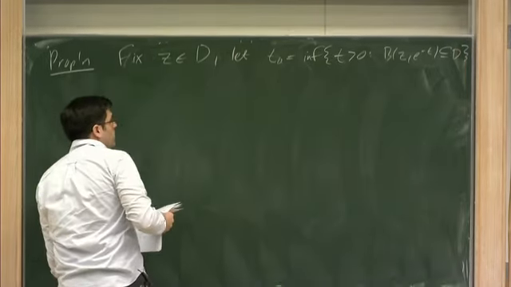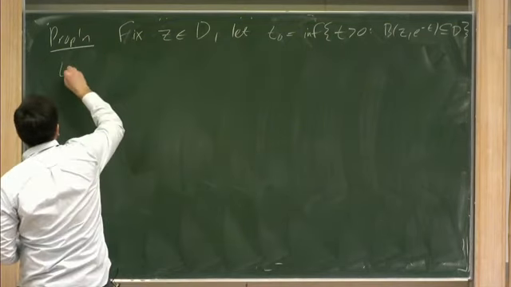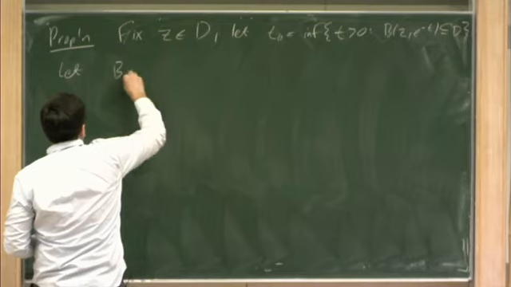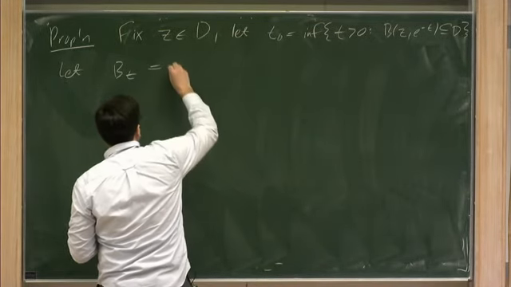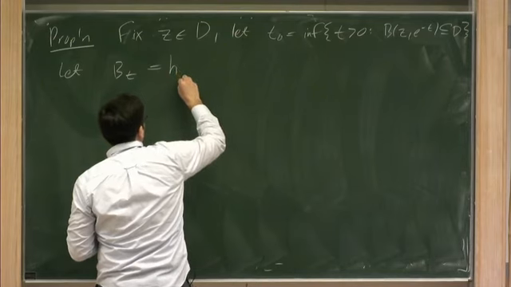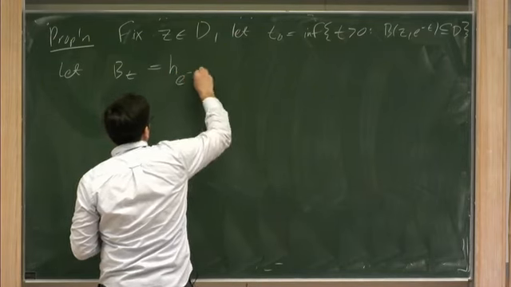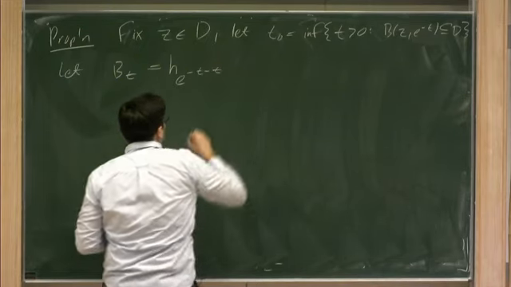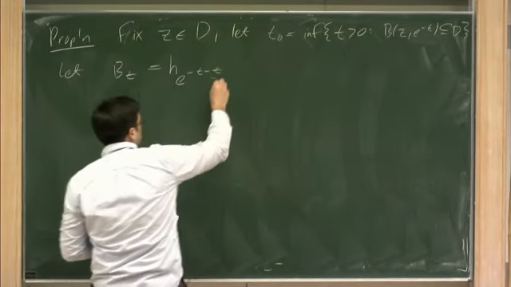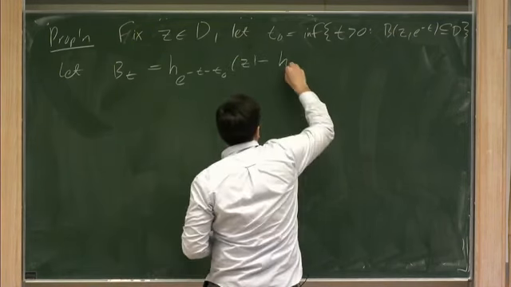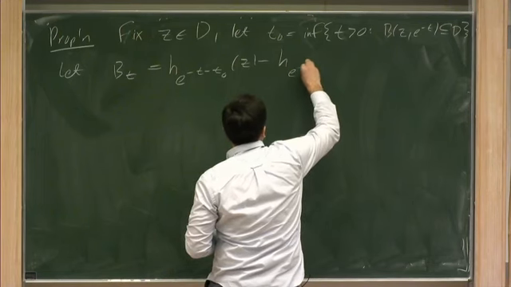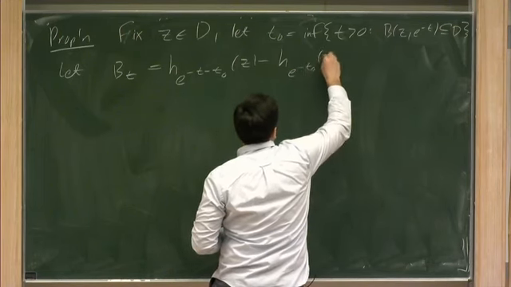And then I'm going to let b sub t be equal to the average of the Gaussian free field on the circle of radius e to the minus t, minus its average on the circle of radius e to the minus t0 centered at z.